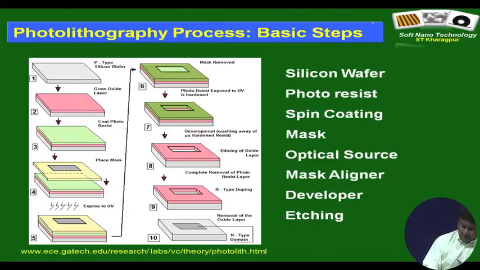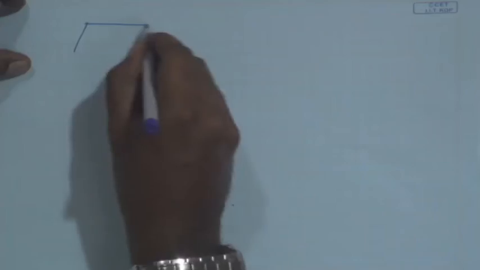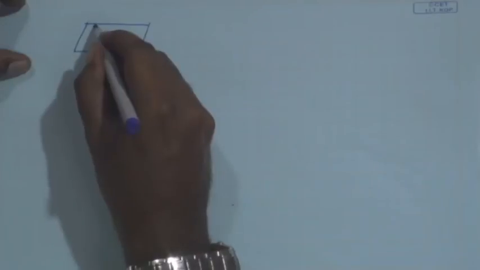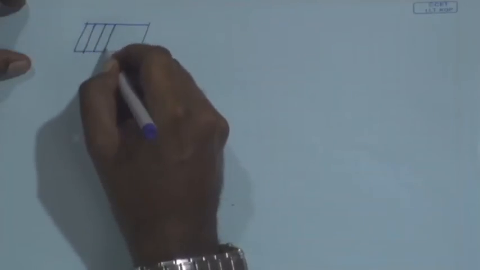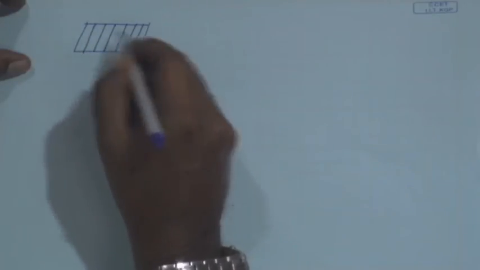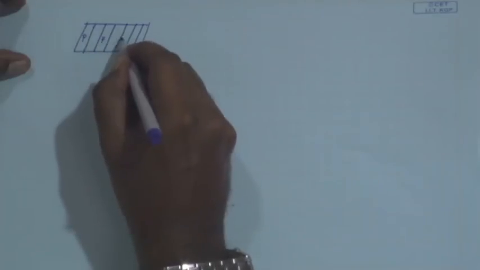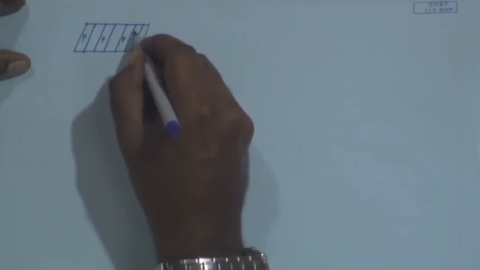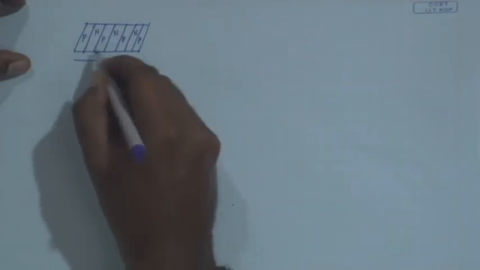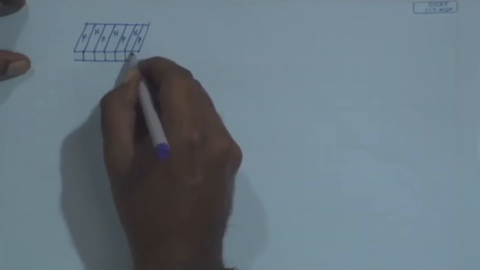So, as we already talked about, we would like to have these type of arrays of, let us say, p and n type doped domains, and as I briefly mentioned during the introductory discussion, they are done on a single piece of silicon.